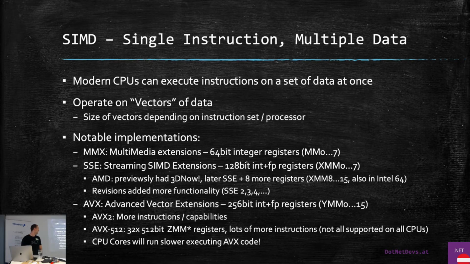So quite a powerhouse, but there is a catch, because when you run AVX instructions, the cores that run them will actually become slower. So they slow down the clock rate of the core, but they're still able to process data a bit faster than you would normally do.